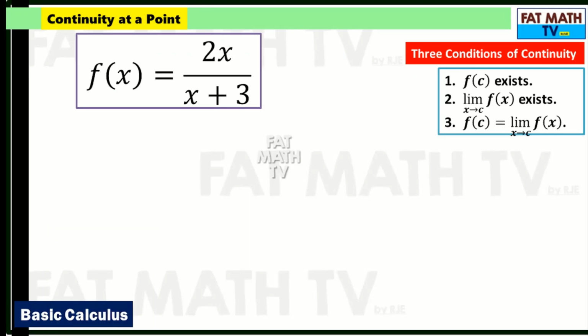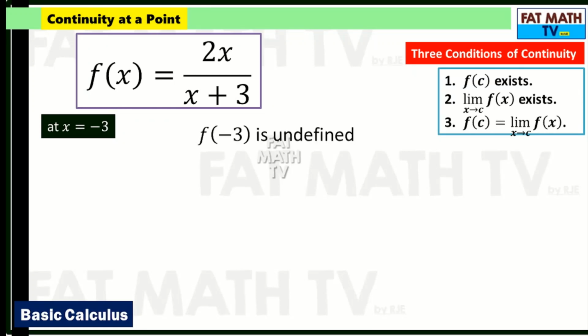How about this rational function f of x equals 2x over x plus 3? Is this function continuous at x equals negative 3? So let us solve for f of c. That's f of negative 3. If you substitute negative 3 here, you will have 2 times negative 3 is negative 6 over negative 3 plus 3 is 0.